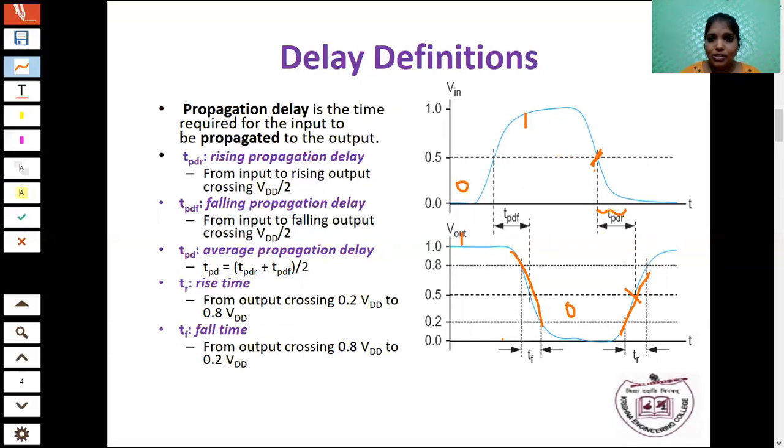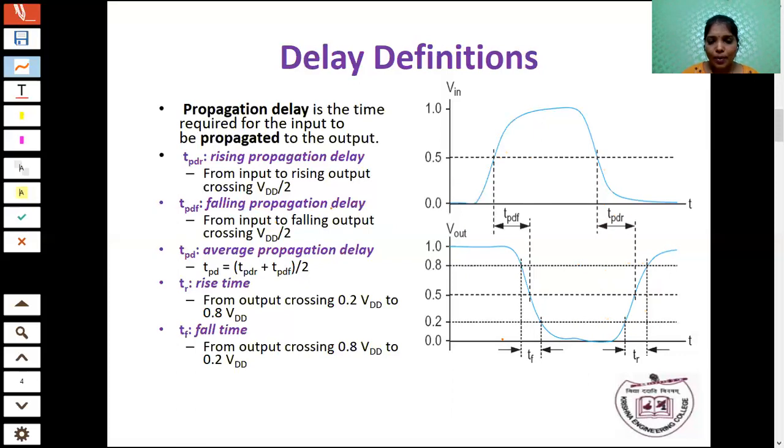Rising means don't consider the input rising; you have to consider the output rising time. So the time between the input crossing 50% and the output crossing 50% is the rising propagation delay.